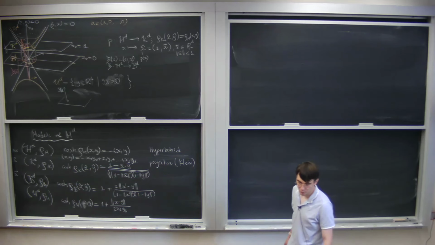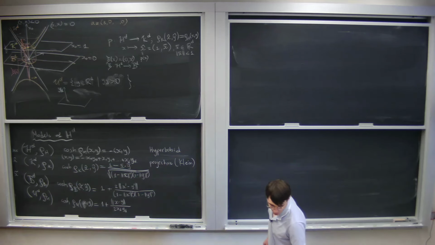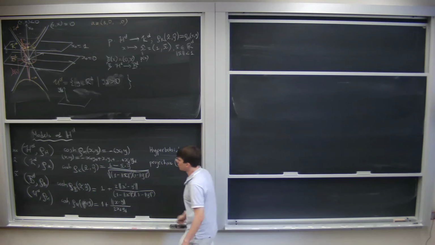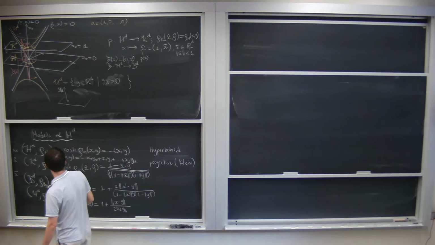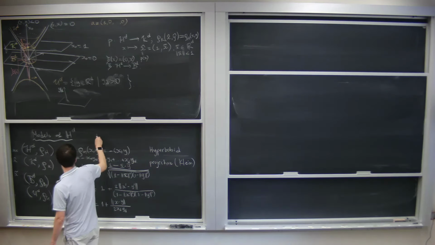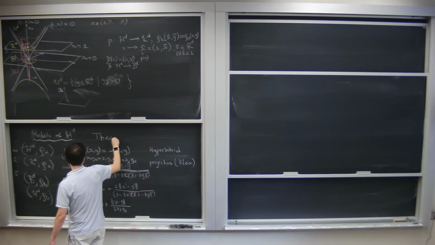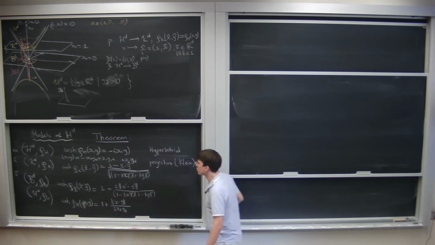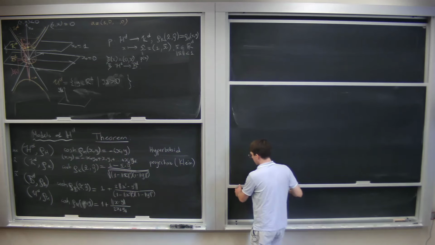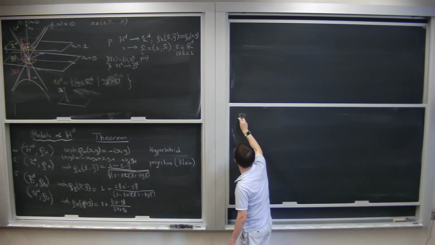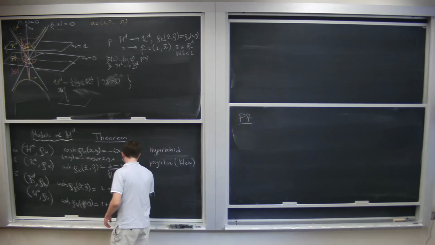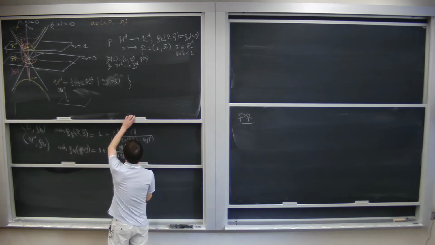Okay, so the formula for, I will just write it's like a theorem. So this is my theorem. And our proof starts here. I think it's enough. I can move it to the top.